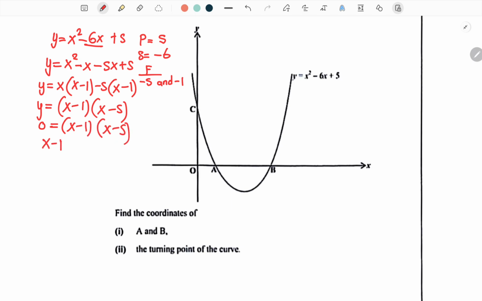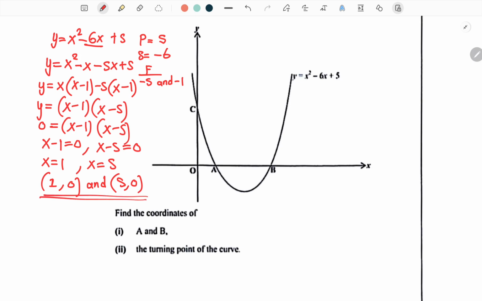Then this is going to be x minus 1 is equal to 0, then x minus 5 is equal to 0. So x is going to equal 1, x is equal to 5. So your coordinates are going to be 1, comma 0, and 5, comma 0. So these are going to be the coordinates of A and B.